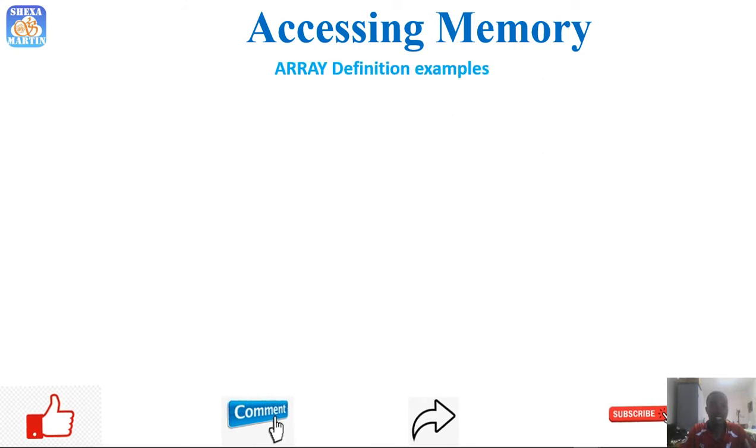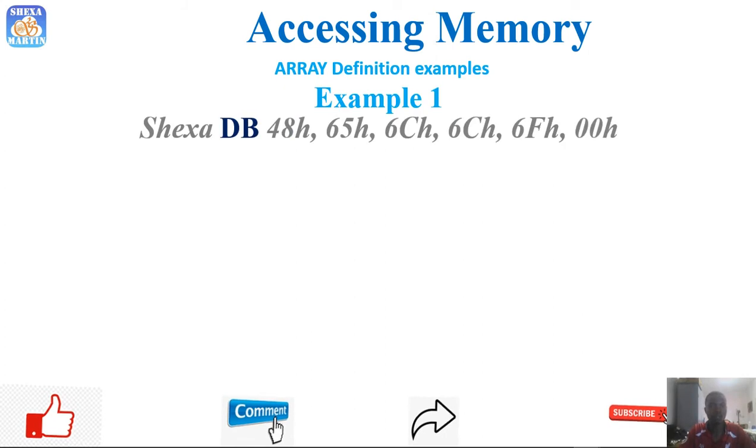Okay, that's fine. So here is an example. Example number 1. What do we do? We start with a variable name. Let's call it Shexa. So Shexa is our variable name, right? And these are the values that we have in our Shexa byte variable. Shexa is of size byte.